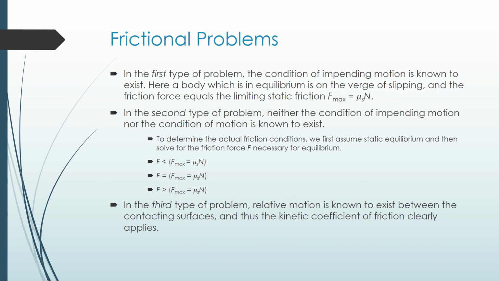Now, you also have to understand how the forces tend to work. F max is equal to mu s N. You have to understand the limiting friction value and the slippage value.